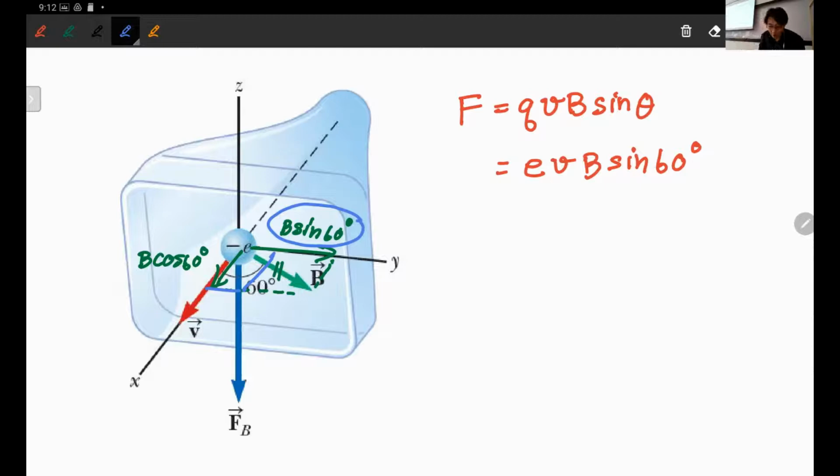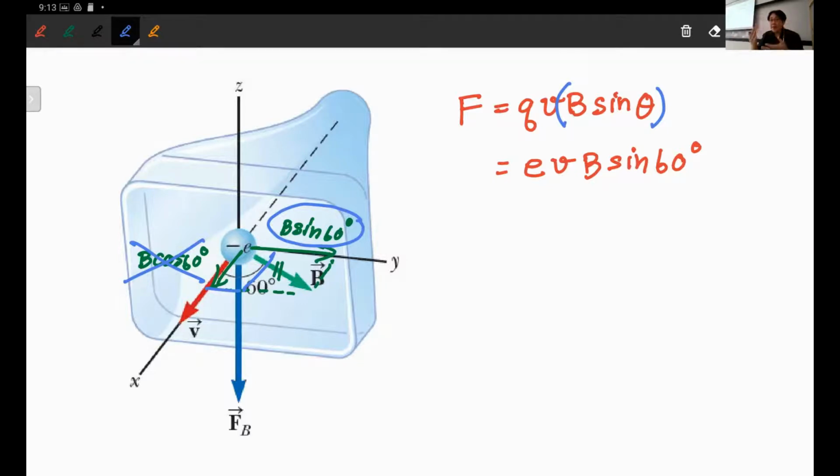And I actually throw away this cosine angle because that cosine 60 is parallel to the V, right? It contributes nothing to the force. Okay, so you can imagine that actually you can pack these two as B sine theta in your head. It's like, oh, this is just the perpendicular component of the B. That's why you need the sine theta there, okay?